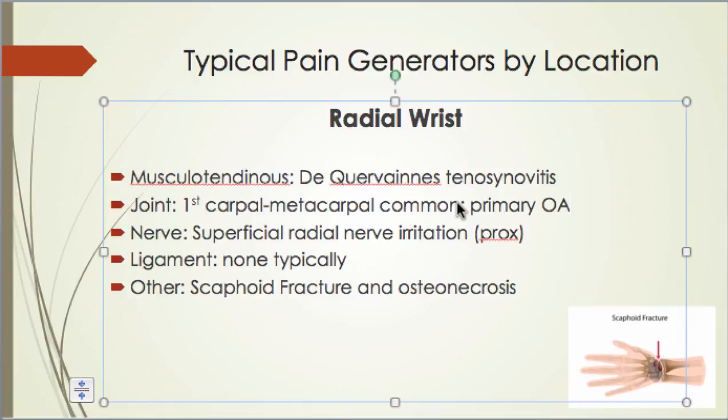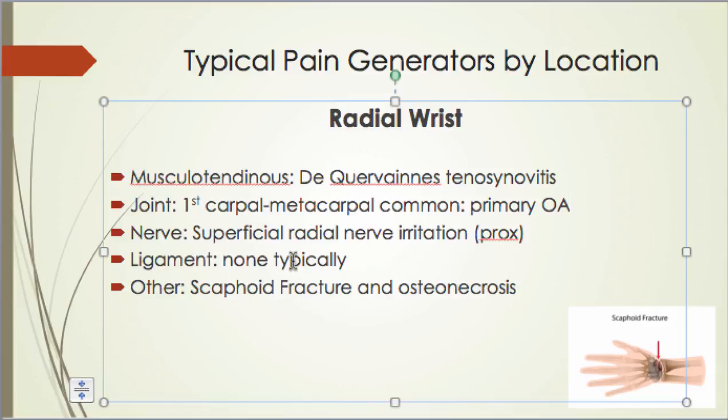Okay, at that distal row into the carpal joint. We can get superficial nerve irritation, radial nerve irritation, and that's usually a proximal issue at the elbow. Okay, so the treatment is along from the elbow all the way to the wrist.